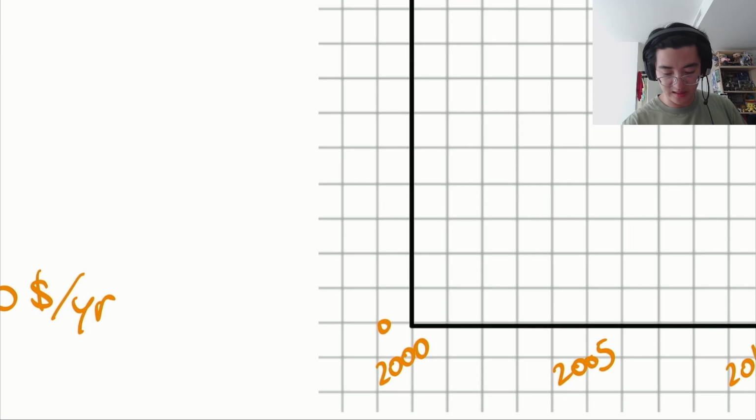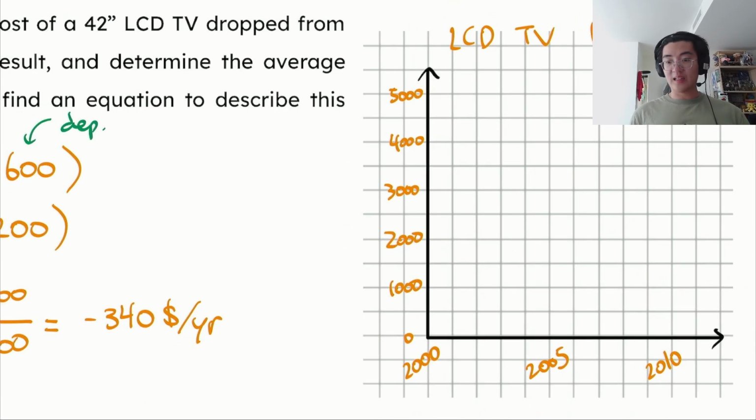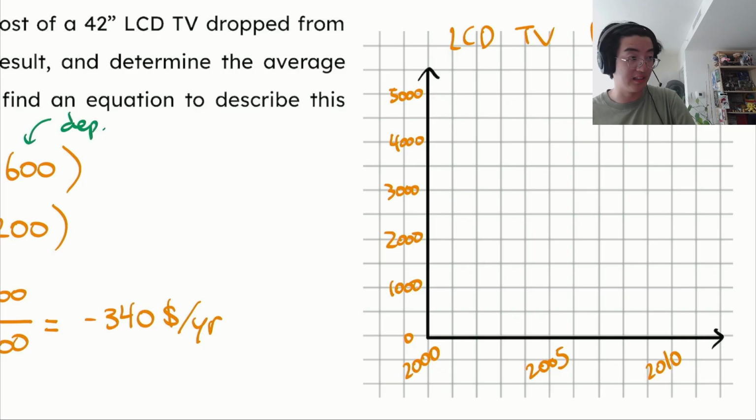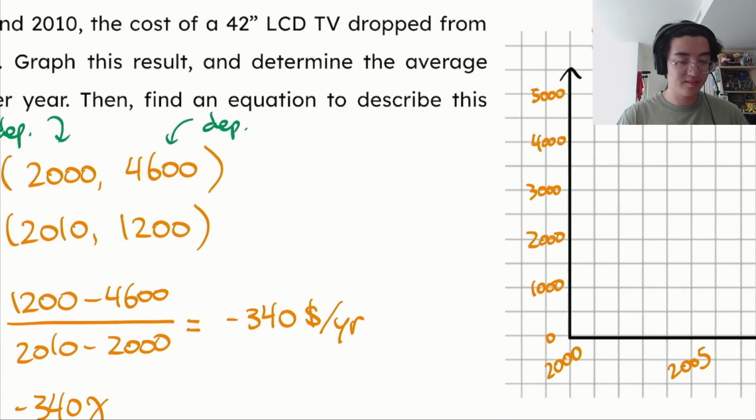Because if we do that, 3,000, 4,000, 5,000. Because if we go up by 2 like this, we can then easily fit 4,600 in our graph right here.